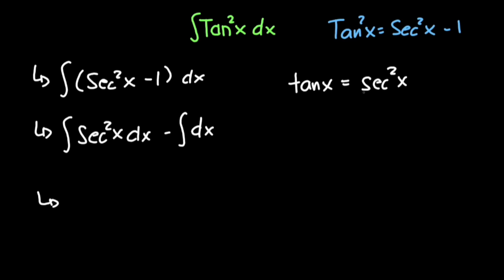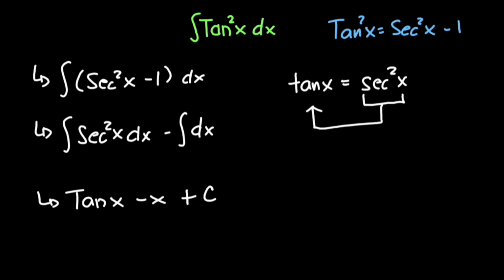So by reverse, if you take the integral of secant squared of x, the answer here would be equal to tangent of x. So the answer here would be simply tangent x, and the integral of dx is simply x. And don't forget to add the constant of integration.